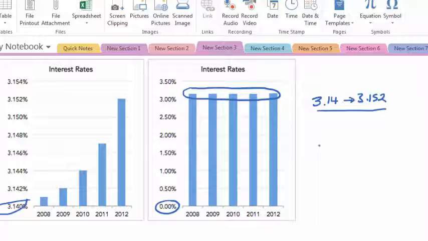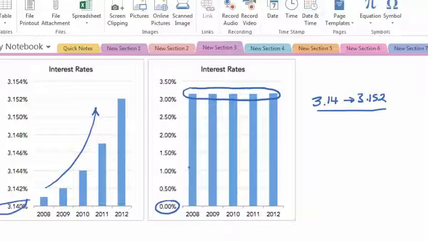It's not a big jump, but here it shows you that there is a big jump. Why? Because they start from 3.14, 3.142, 3.144. The scale is very small and they didn't start from zero. That's why they show you that the interest rate is changing or increasing dramatically. But in reality, there is a very small change that you cannot see even if you start from zero.